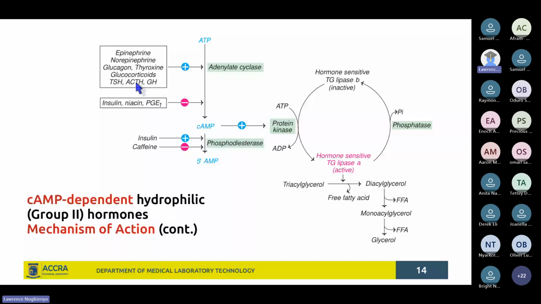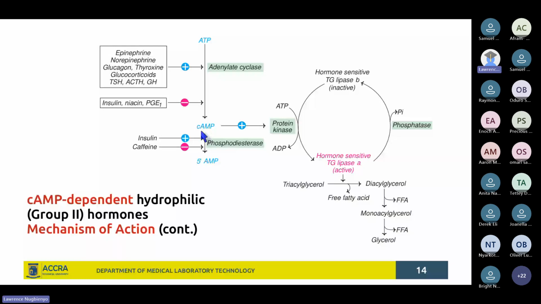These hormones act as activators. So these are the ligands. They act as activators of adenylate cyclase, meaning that when they bind onto a receptor, they will trigger the conversion of ATP to cyclic adenosine monophosphate.